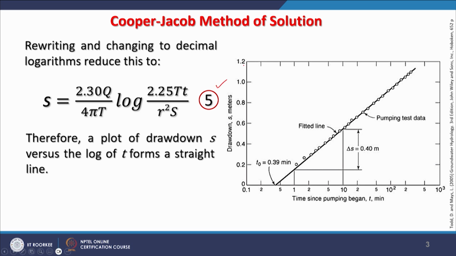And therefore, a plot of drawdown versus time can be given, and this would be a straight line. So, whichever the value we get we can fit over this, and this is the best fit line, and these are the pumping test data which should turn up in a straight line when we plot this xy plot between s and t.